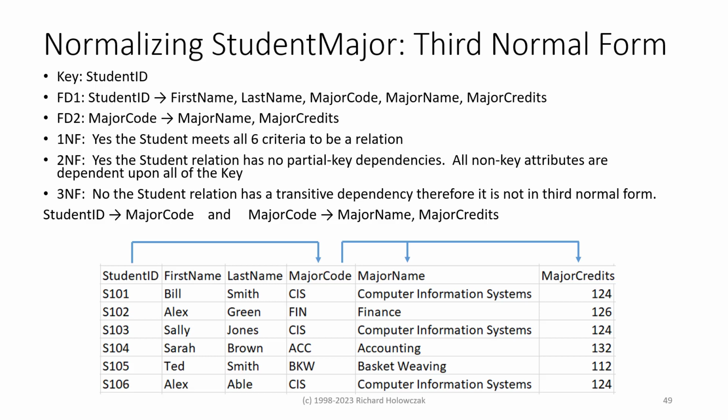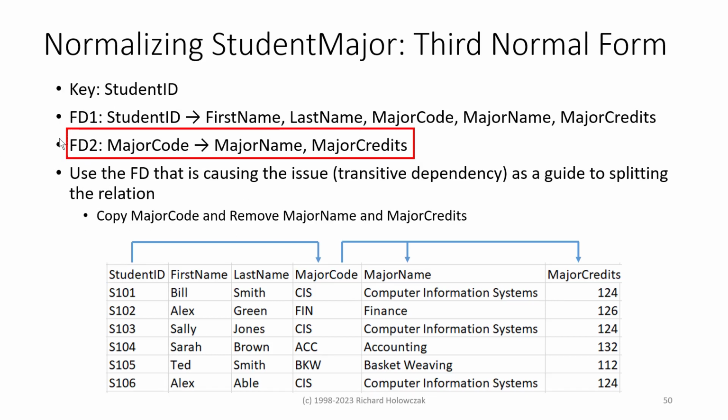We have to stop here and we have to fix it. How do we fix it? You're probably already guessing. This is the functional dependency that caused the problem. So we're going to split the student-major relation into two new relations. How do we know how to split it? We use the functional dependency that's causing the problem as a guide.